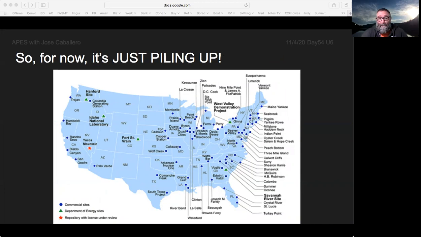For example, we're pretty close to some radioactive stuff in Diablo Canyon. There's some more down by San Diego. It's all over. Pretty much wherever people are, we've got radioactive waste piling up.